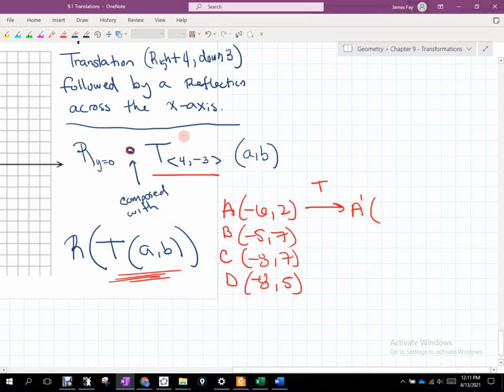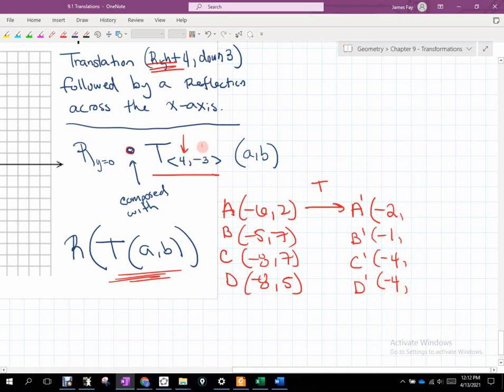Now, the translation says you do what to every X value? What did we talk about yesterday? That's a positive 4, because I'm moving it right 4 units, so I'm going to take every X value and add 4 to them. Does that make sense? So it'll give me negative 2, negative 1, negative 4, negative 4.